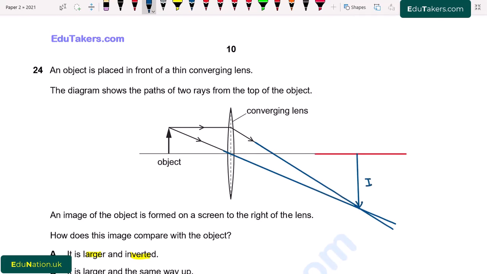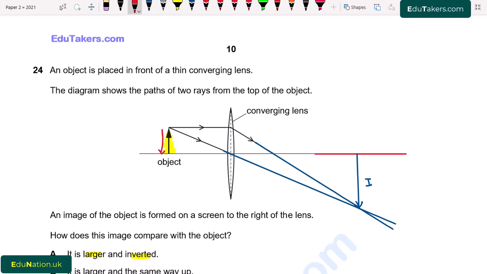So this is the image. Now we compare the size of the image with the size of the object and see whether the size of the image is smaller or larger as compared to the size of the object. We can see clearly from here that this is the object.